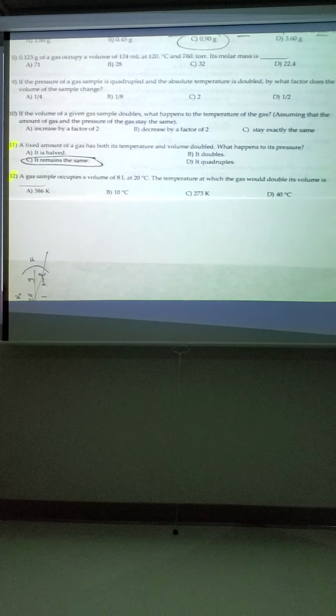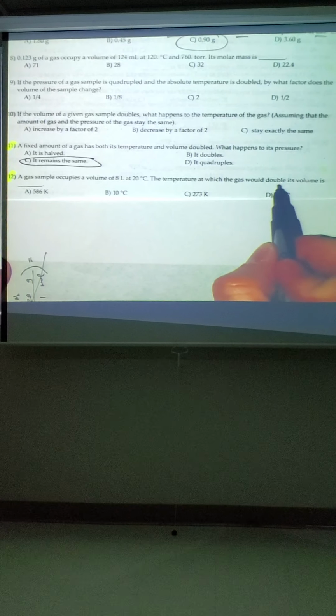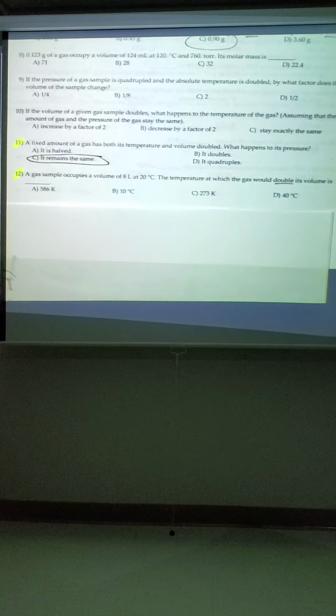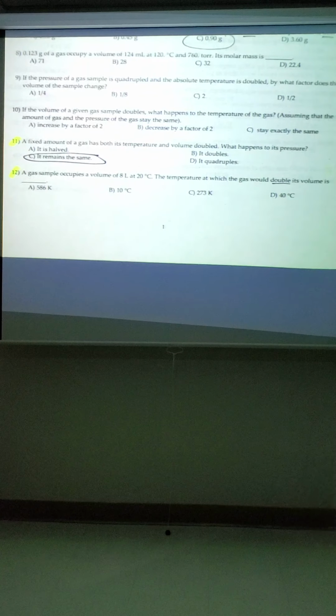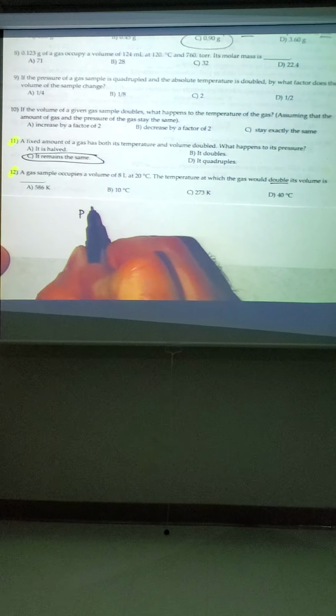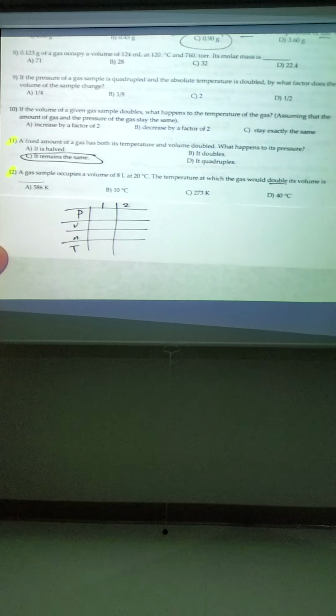Number 12, looks like the word double's in there again. So that tells us we're going to use our double chart once again. So let's do a double chart, 1s and 2s, P's, V's, N's, and T's.